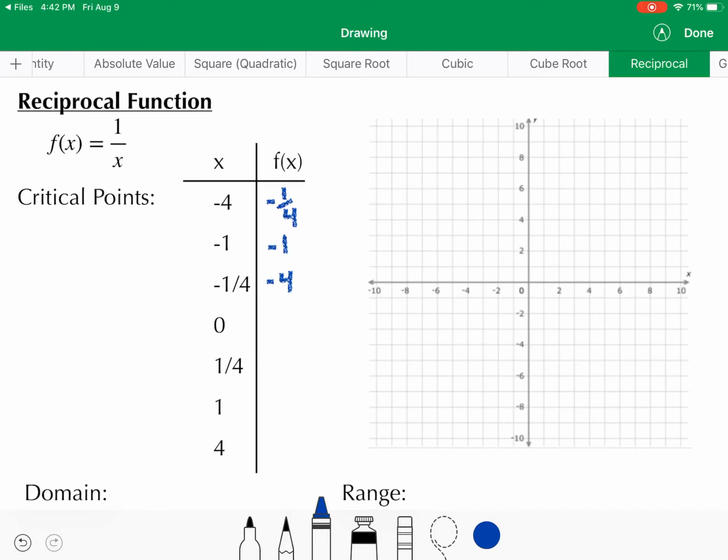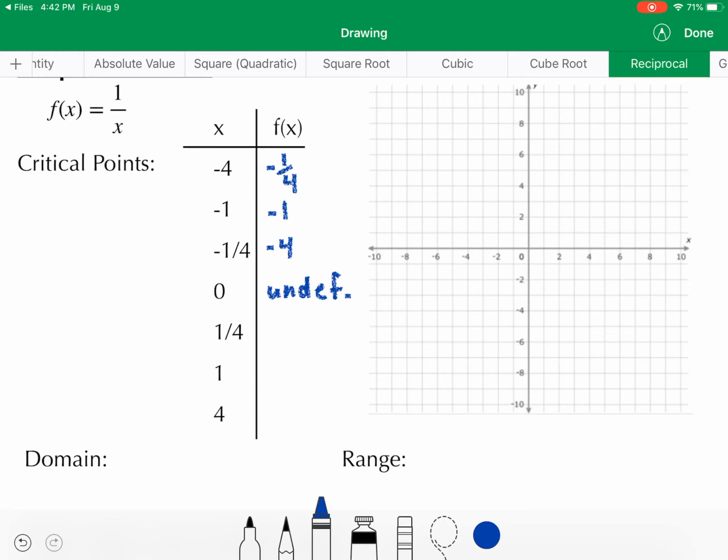F of 0, 1 divided by 0 is undefined. That's huge. That tells me 0 has to be excluded from the domain. F of 1/4 is 4. F of 1 is 1. F of 4 is 1/4.